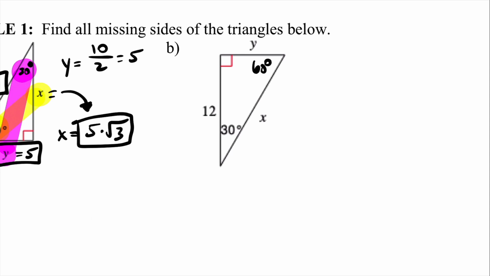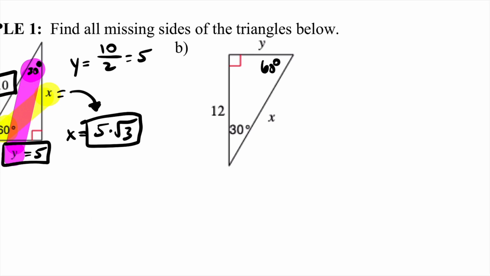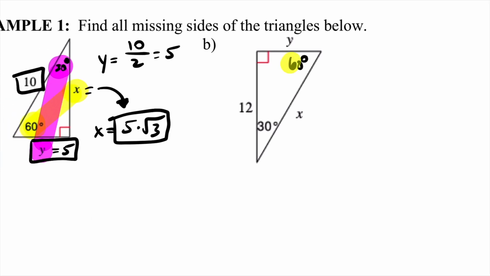A long leg. How do we know it's a long leg? Because that's where the 60 degree angle is pointing. There you go. It's opposite 12, right? It's facing 12. Good. So we have the long leg. We're missing a short leg and a hypotenuse. So we're given a long leg.